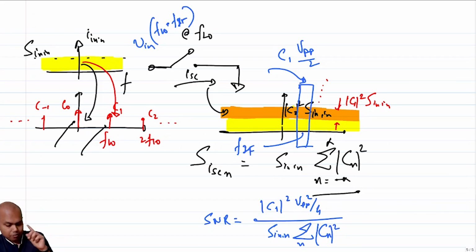correct? The important thing to note here is that the Fourier term of the mixer that is contributing to the signal is C1, right? But the Fourier terms that are contributing to the noise are all the C's, right? So hence you have to be careful while doing a mixer noise analysis.